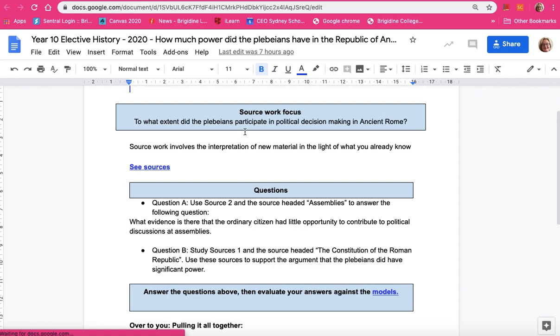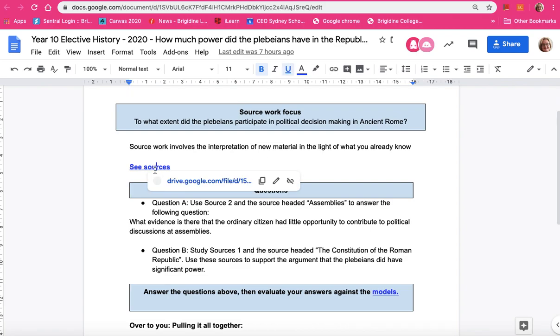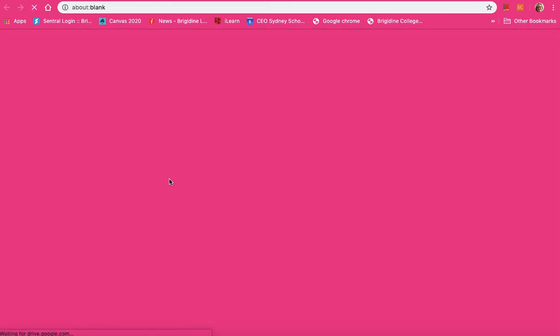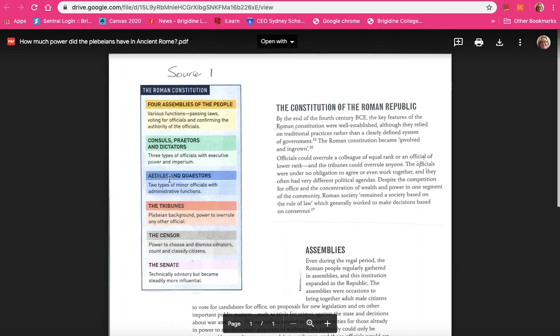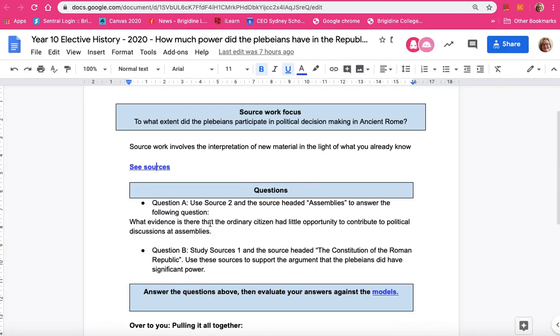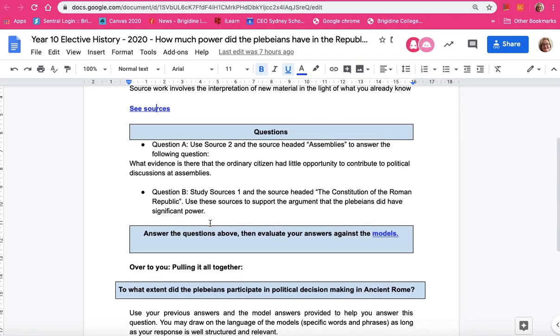To what extent did the plebeians, so they're the lower classes of the Romans, the ordinary, common people, participate in political decision-making in ancient Rome? Did they get much of a say? Did they have a say in government? So there are some sources here. The sources have been pasted there.